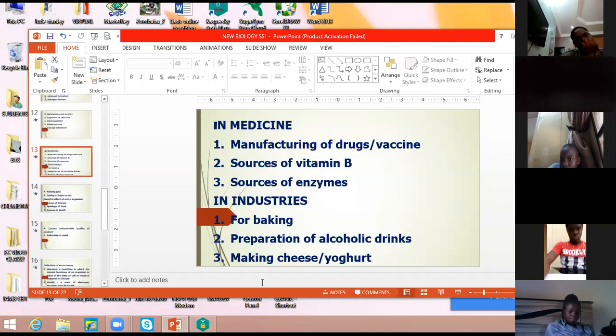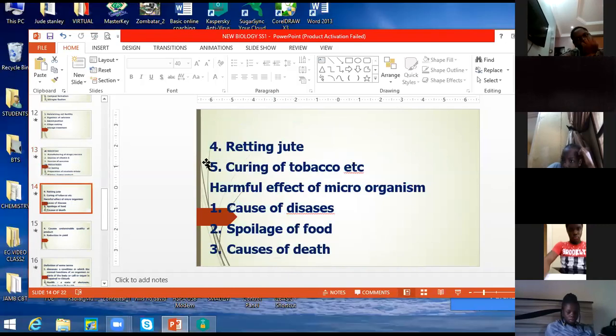They are used to make cheese and the yogurt you drink. And then we have retting of jute, curing of tobacco, etc. These are some of the beneficial effects of microorganisms in the industries.